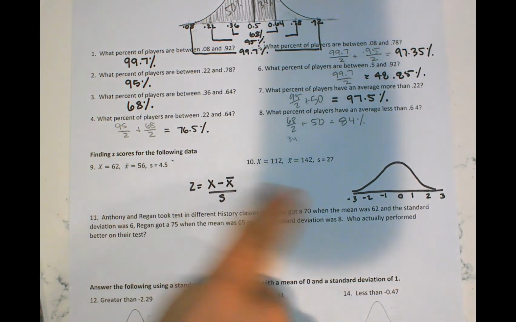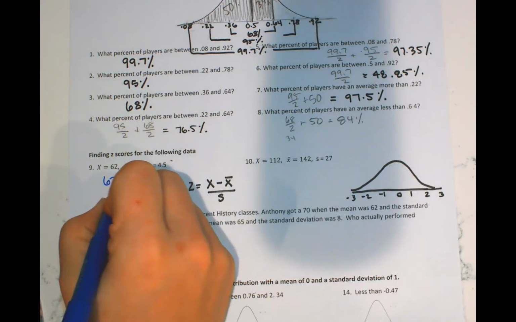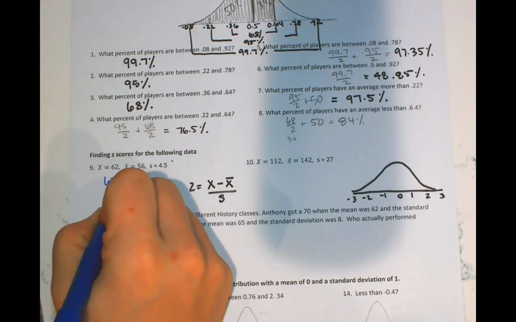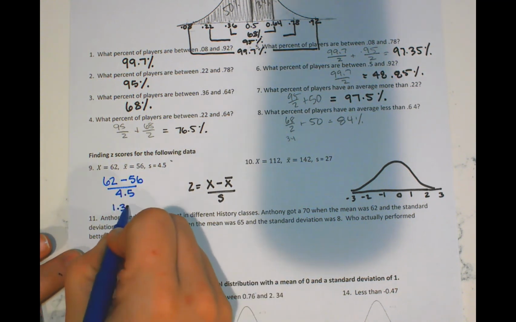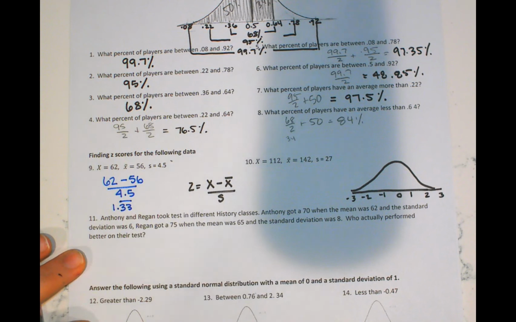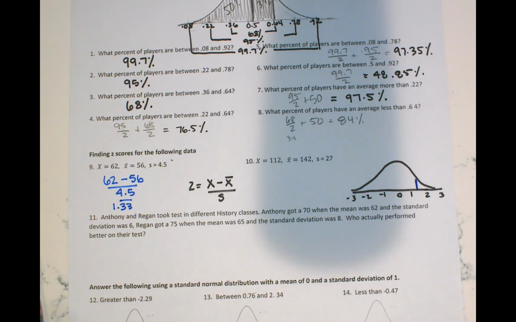So if we're looking at our examples here for number 9, I would take 62, subtract my mean, which is 56, and divide by 4.5. So 62 minus 56 divided by 4.5 would give me a z-score of 1.33 repeating. So that would be something like right here if we were putting it on our standard normal curve.